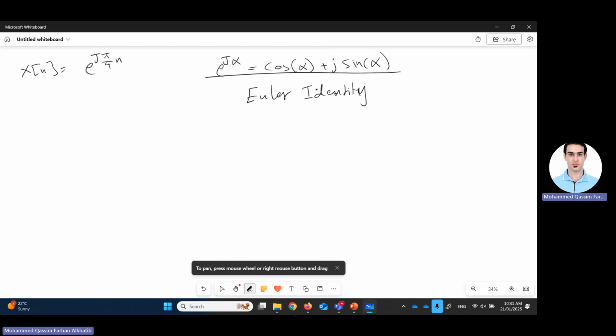Have you ever heard of it? Did you take Circuits 2? Okay, I will provide it. Euler's identity, I will provide it. All right, so I have cosine pi over 4 n plus j sine pi over 4 n. Now I know cosine and sine are periodic. I need to find the fundamental period. But if I did it for cosine, do I need to do it for sine?